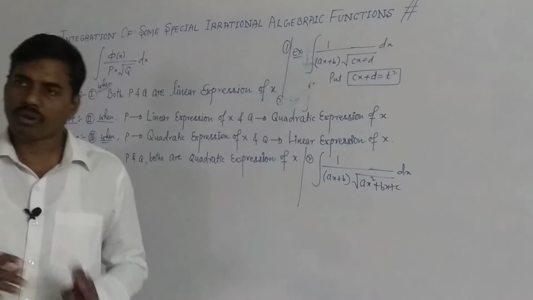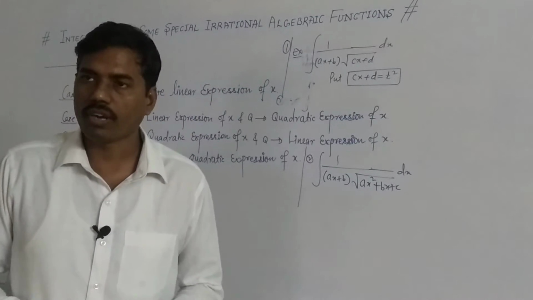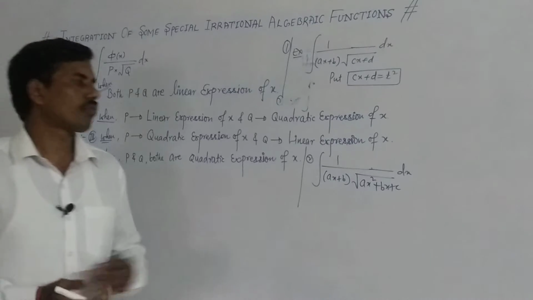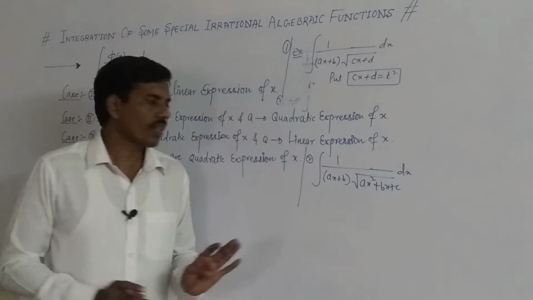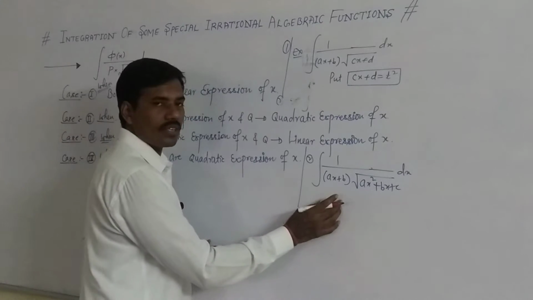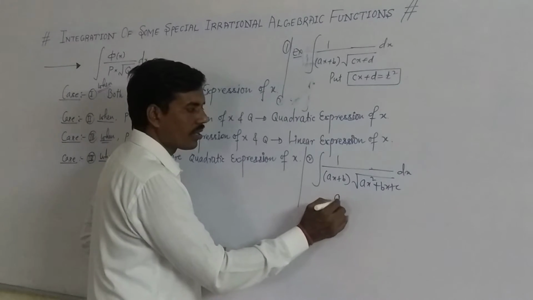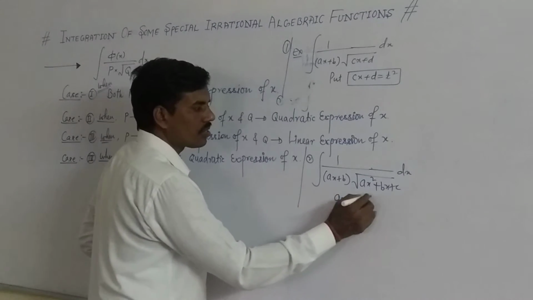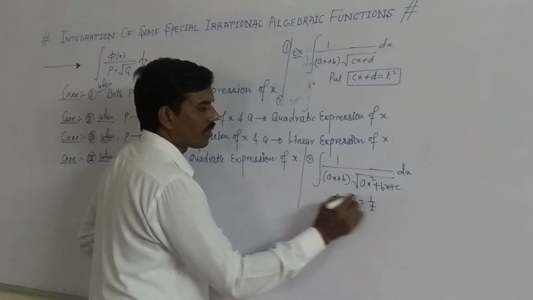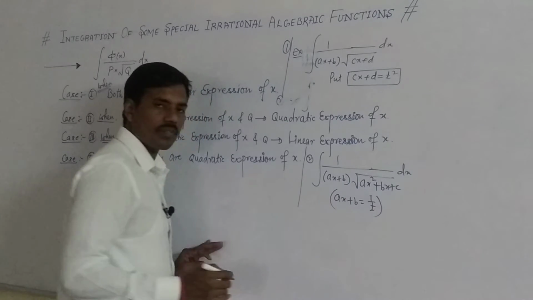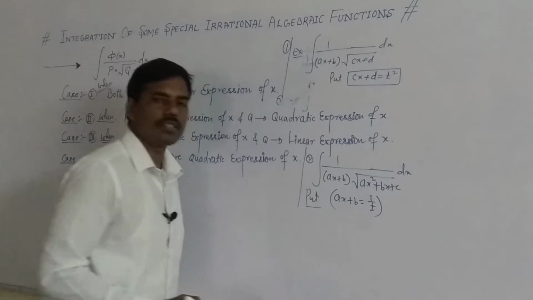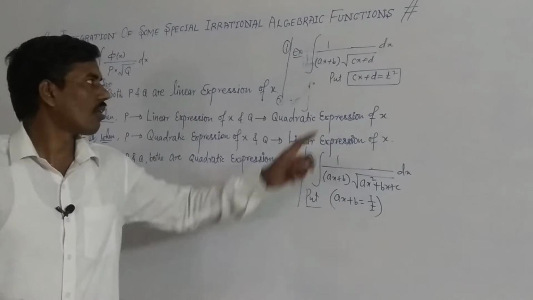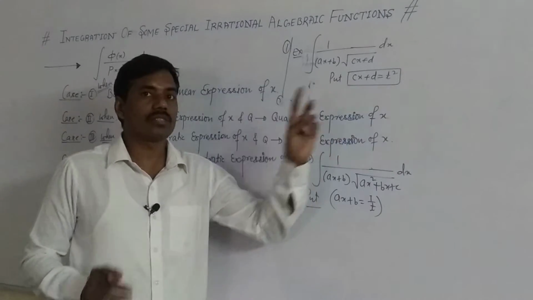Okay, then what is the substitution? What do we have to substitute to find the integral of such type of integration? In this condition, we have to take ax plus b is equal to 1 upon t.